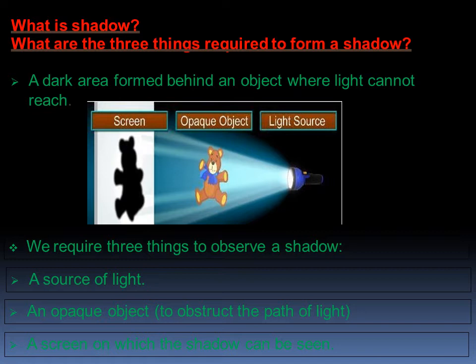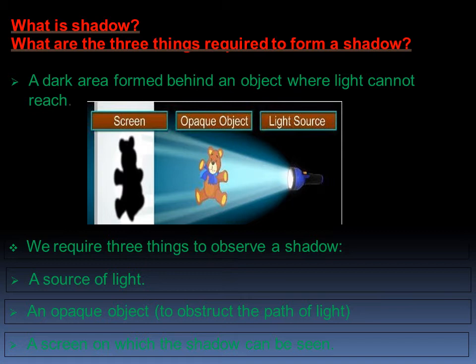An opaque object can be anything. It can be a wall, it can be a hood, or a material, or even our body also acts as an opaque object. Then at last, a screen on which the shadow can be seen. We need a screen or a place where the shadow can be seen.